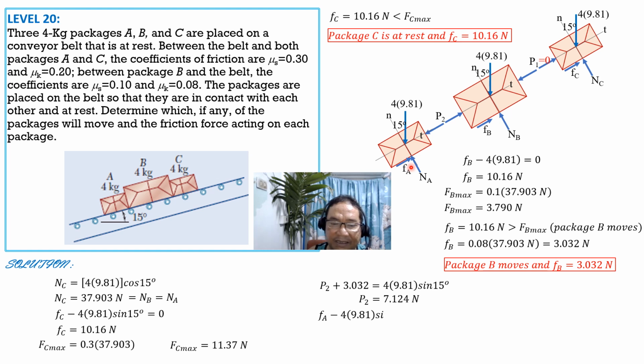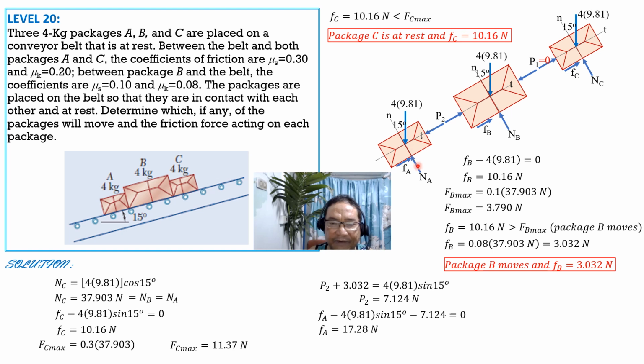So FA minus 4 times 9.81 sine of 15 degrees minus P2, which is 7.124, equals 0. So the friction under package A that must develop so that it remains at rest is equal to 17.28 newtons. So that is required so that package A will be in equilibrium.